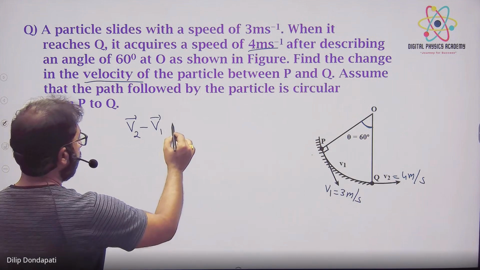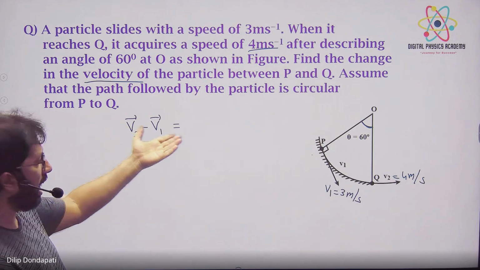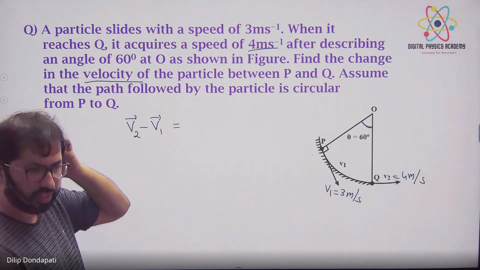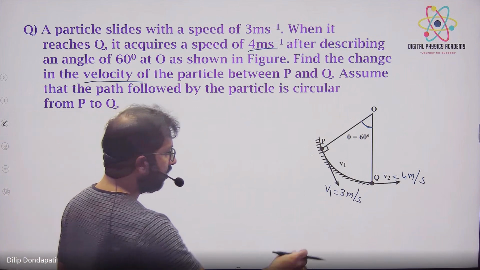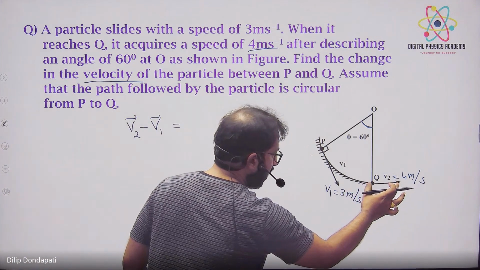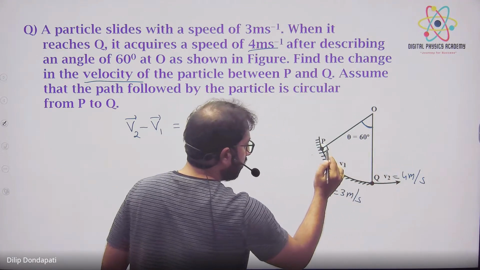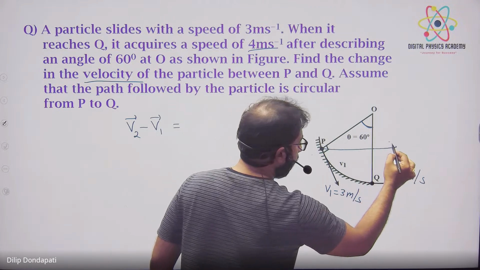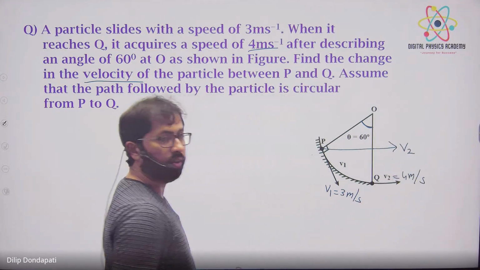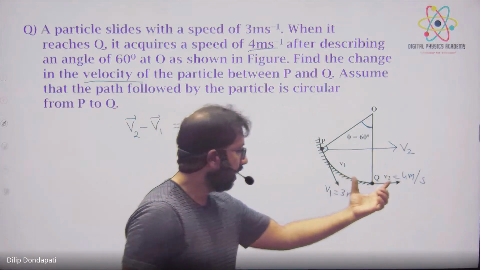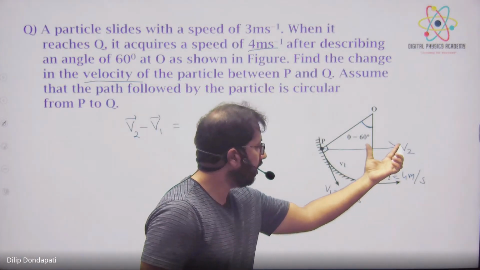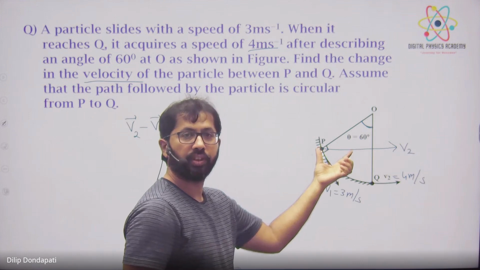Change in velocity है first. So आपको angle between them पता चल जाएगा. Okay, मैं क्या करूँगा? देखो, इस वेक्टर को पैरेलल शिफ्ट करो and move करो like this. This is V2 vector. Right? देखो, ये वाला मैं ऊपर शिफ्ट करके इधर लेके आया. पैरेलल शिफ्ट करो.